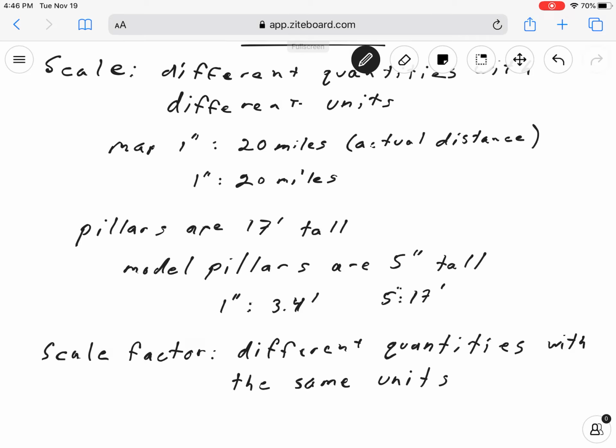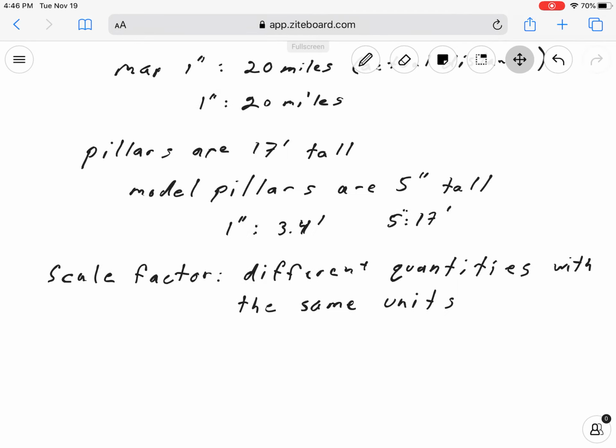So I could say I have maybe an insect that is, I don't know, say 10 millimeters in actual length.